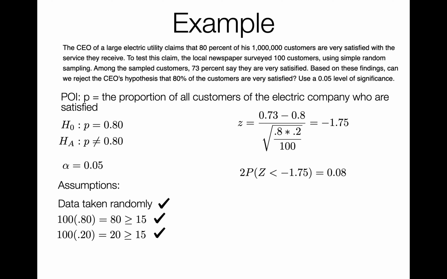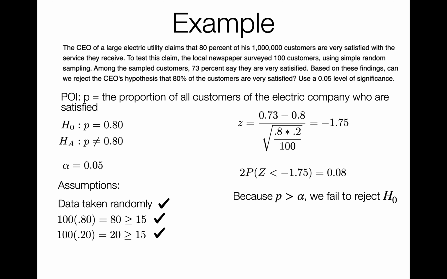So the decision happens when I compare that p-value of 0.08 to the alpha level of significance, which is 0.05. You see that 0.08 is larger than 0.05, so I fail to reject the null hypothesis.